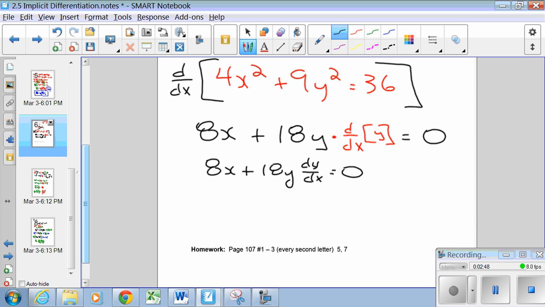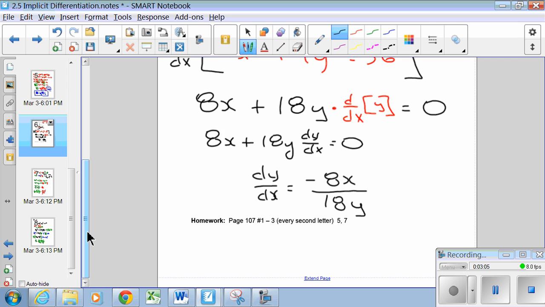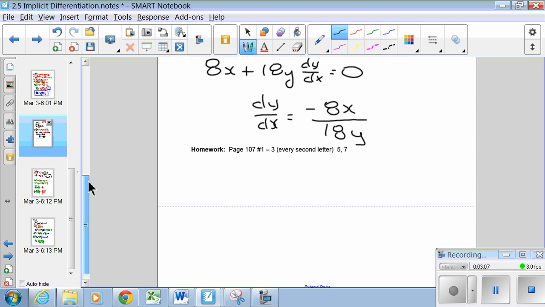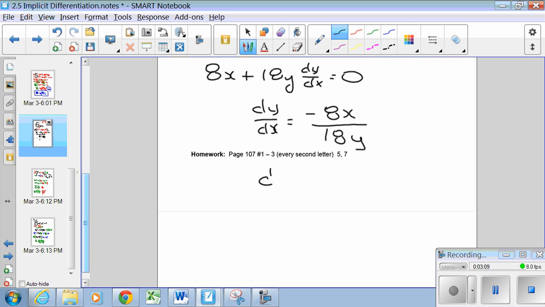If I want to solve this for dy dx, it's like solving a two-step equation. I'm going to subtract 8x from both sides, and then after I subtract 8x, I am going to divide by the 18y. So if I want to find the slope of my equation, I'm just going to simplify that expression. So the slope, I need to know both the x value and the y value.